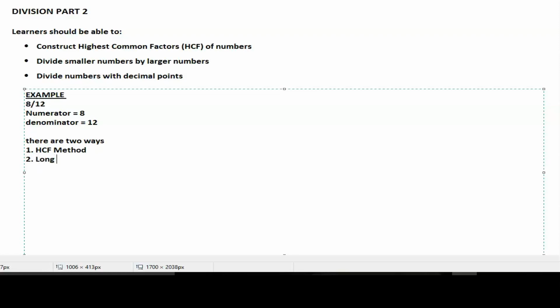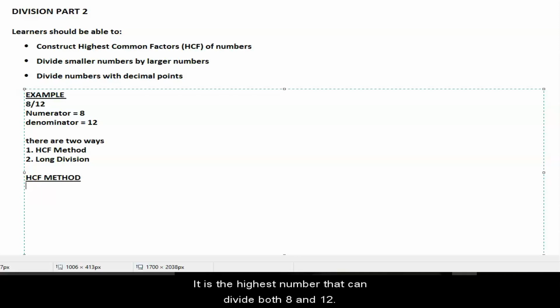Or you can use the method of long division. Let's start with the HCF method. HCF stands for highest common factor. It is the highest number that can divide both 8 and 12.